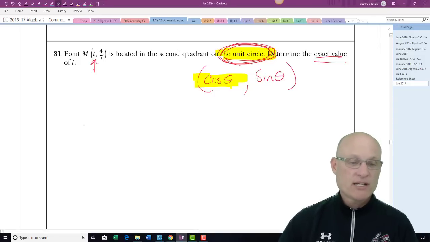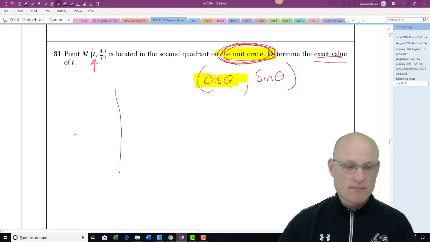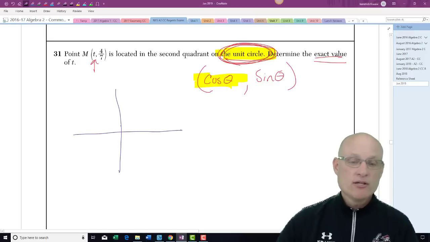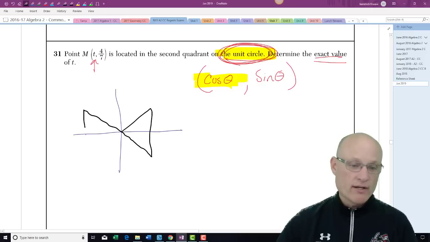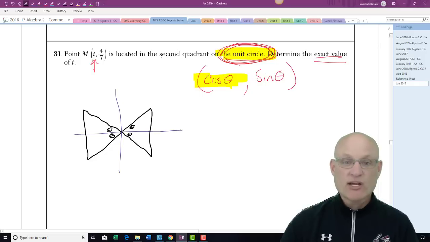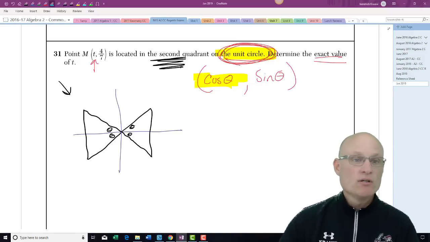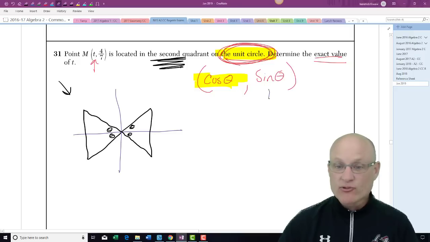So, because of that, come over here to your obnoxious thing, and you're going to draw your bow tie. You're going to be working in one of these four triangles, where these are going to be always your theta. Now, it said we're in the second quadrant. That's this one. Okay. So, this is sine. So, sine is 4 over 7.